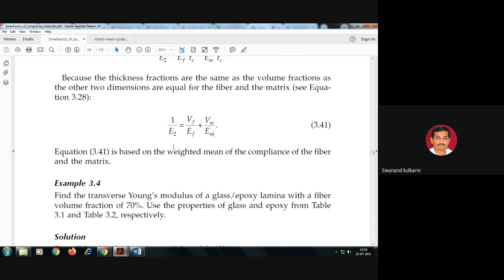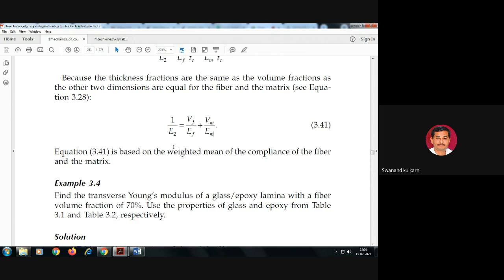In the previous case, when the direction is linear or longitudinal, E1 = EF VF + EM VM, a direct addition.